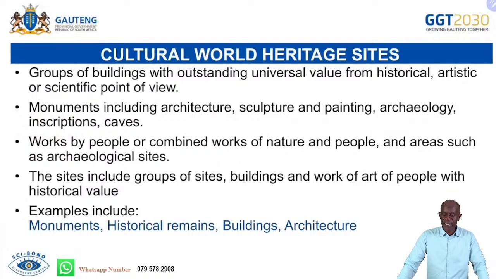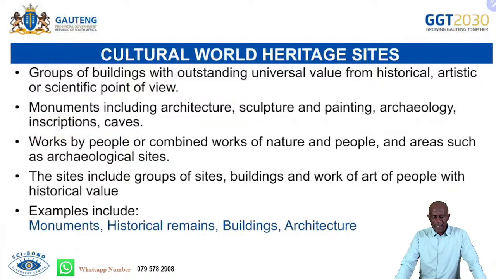So the key word here is that whatever the building looks like, it must show some outstanding universal value. It must have elements that are valued all over the world.